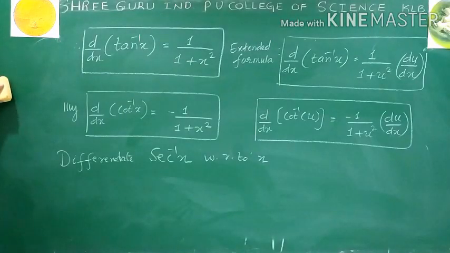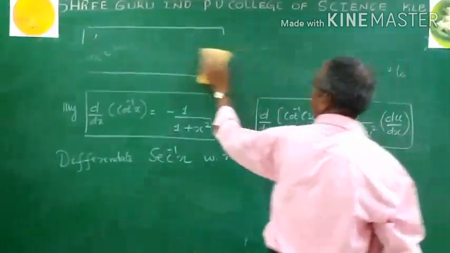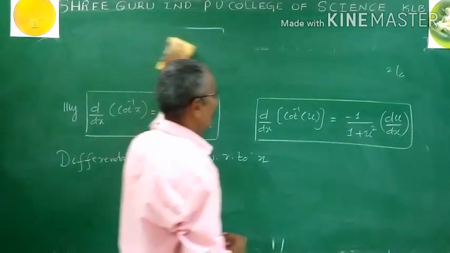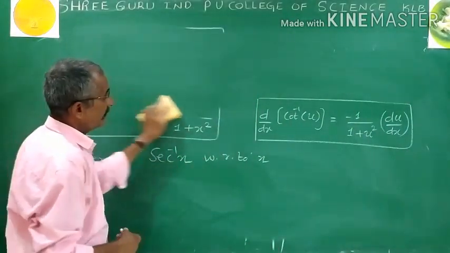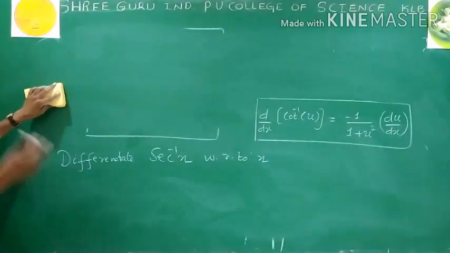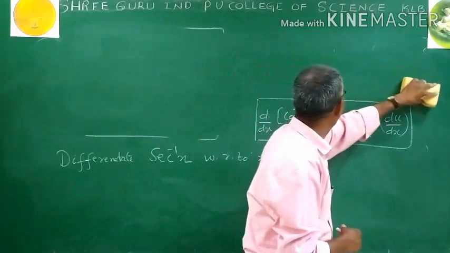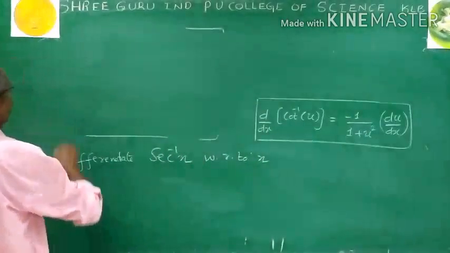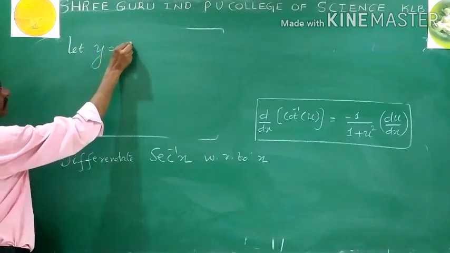Like in the previous section, we started from y; now also we shall start from the notation y. Let y equal sec inverse of x, and we utilize the same kind of steps as in the earlier cases. Solution: let y be equal to secant inverse of x, call this equation 1.